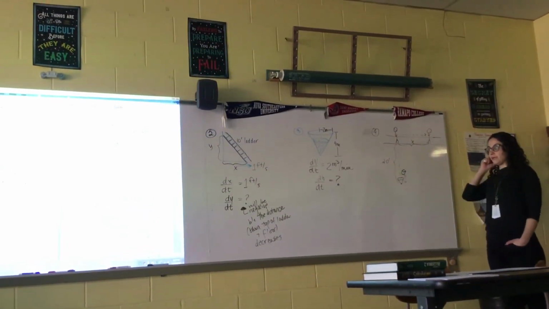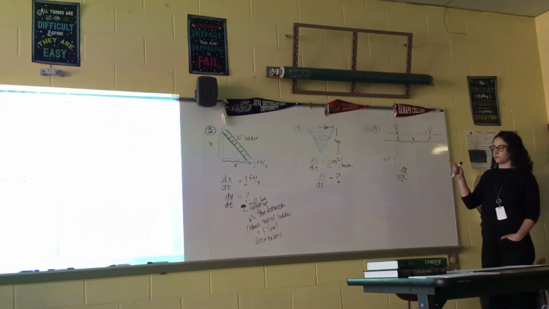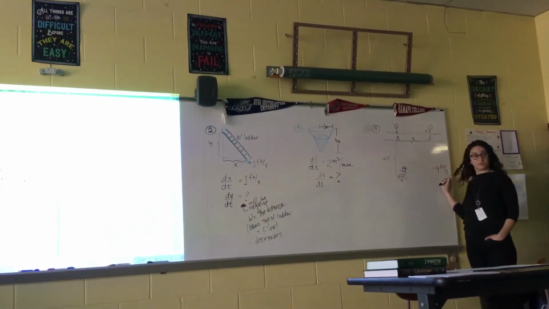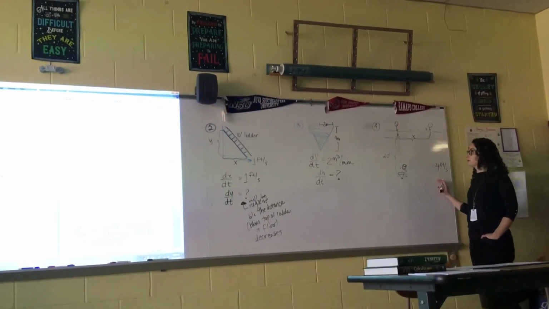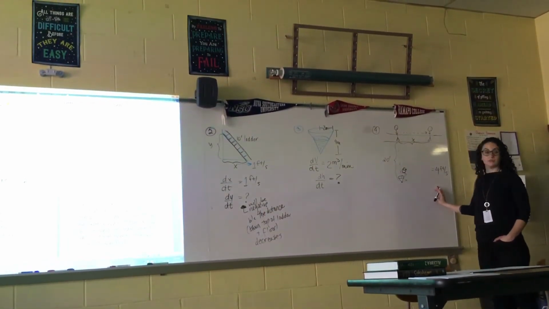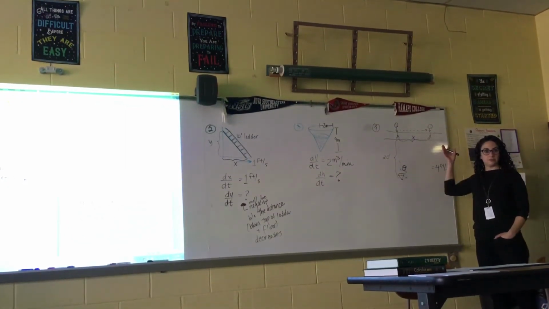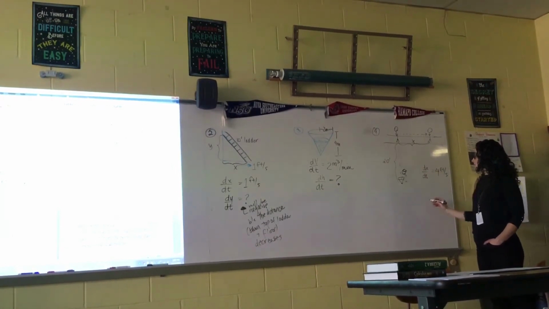So for number 4, it says a man walks along a straight path at a rate of 4 feet per second. What can I label with 4 feet per second here? Is that a measure or a rate of change? Rate of change. The rate of change of what? The distance of the man from point A. So what are we calling that distance? x, so it's dx dt. So dx dt is this.